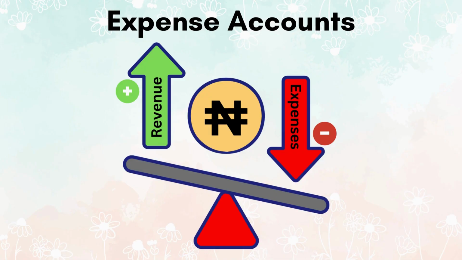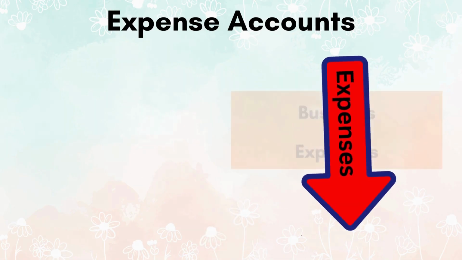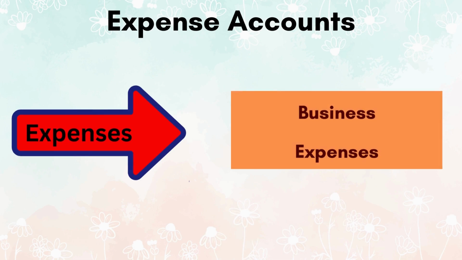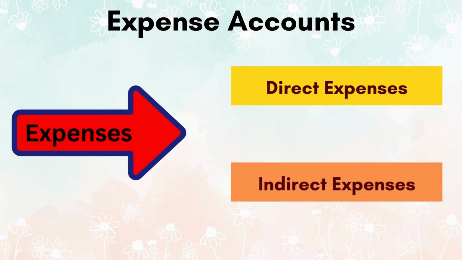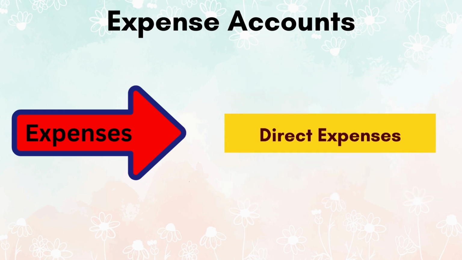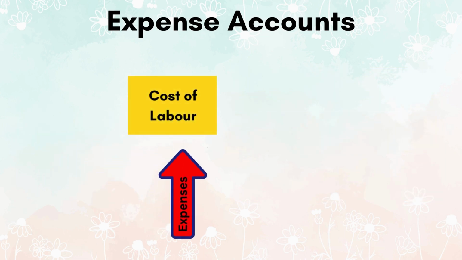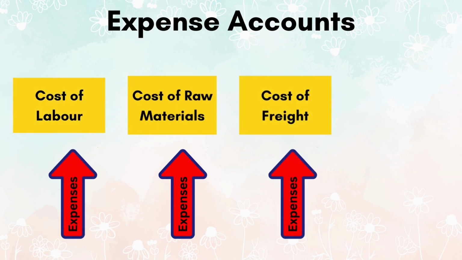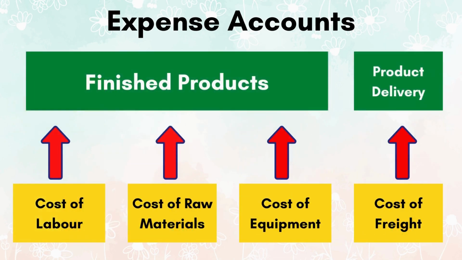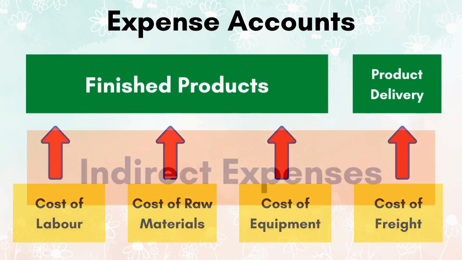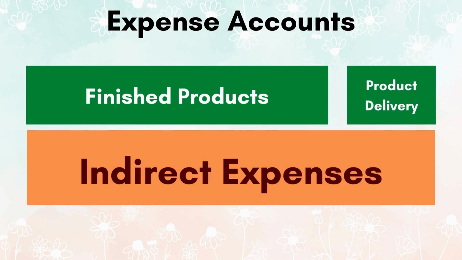The next set of accounts we will be setting up here are your expense accounts. There are two major types of expenses: direct expenses and indirect expenses. Direct expenses, also called cost of sale, refer to expenses that are directly tied to revenue generating activities, while indirect expenses are other expenses required to support revenue generating activities.